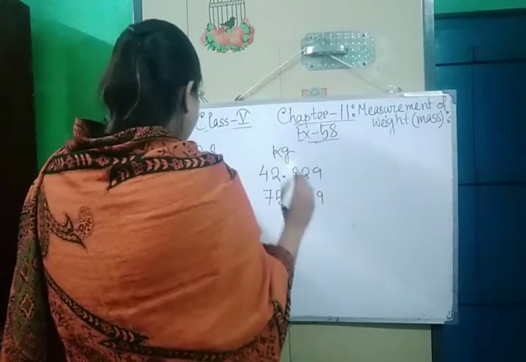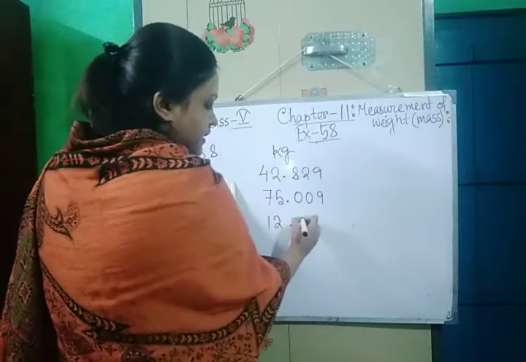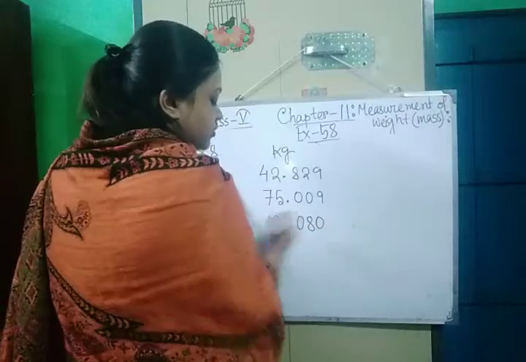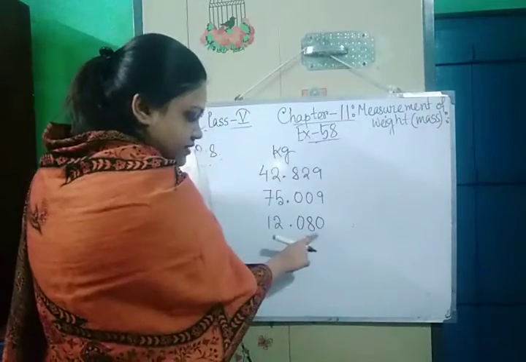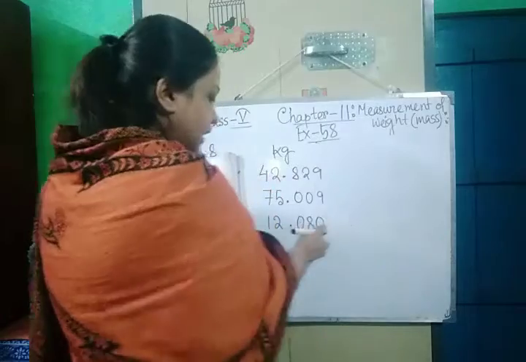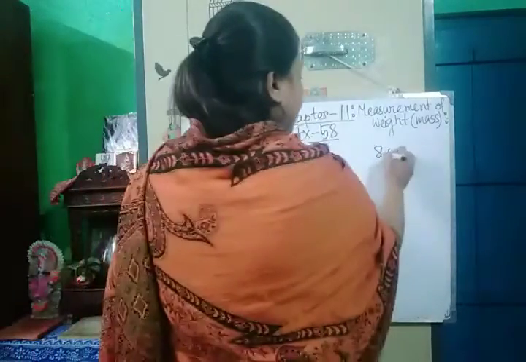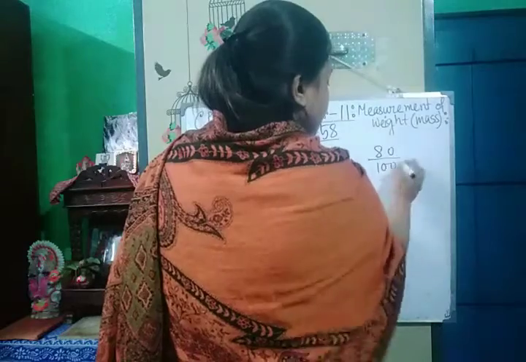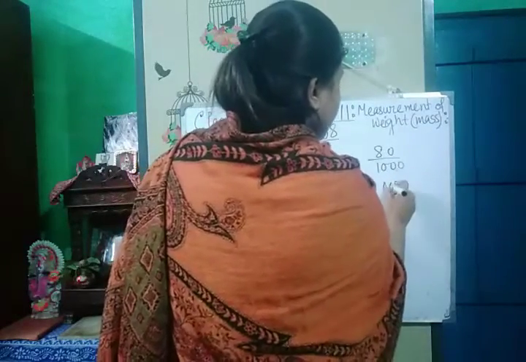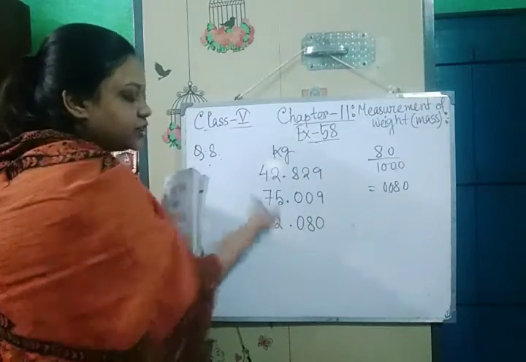And next is 12 kg 80 gram. So 12 point, and 80 gram will be 080. First we put a 0. You can also convert 80 gram to kg in rough, like 80 divided by 1000, it will be 0.080. So here I have written 0.080 after 12.